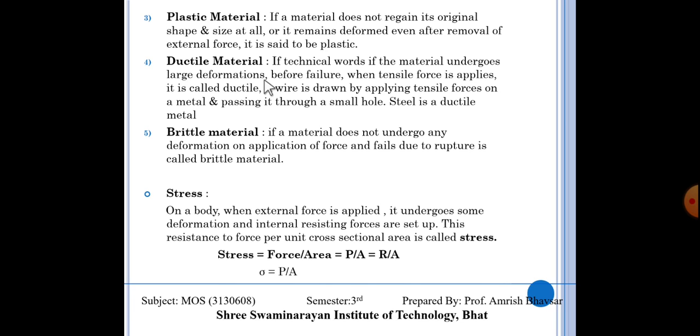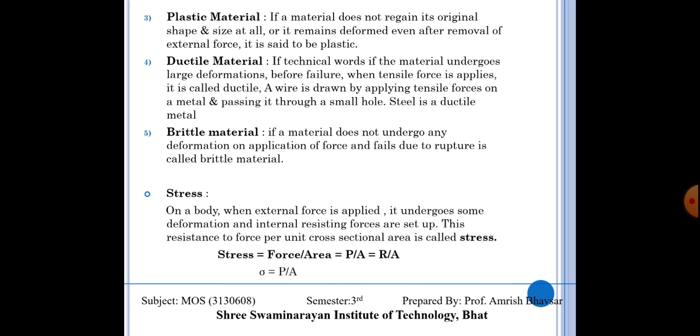Now ductile material. In the technical world, the material undergoes large deformation before failure when tensile force is applied; it is called ductile material. It means whenever we apply force on any body, we know that it must fail, but before failure it can take a maximum amount of force.